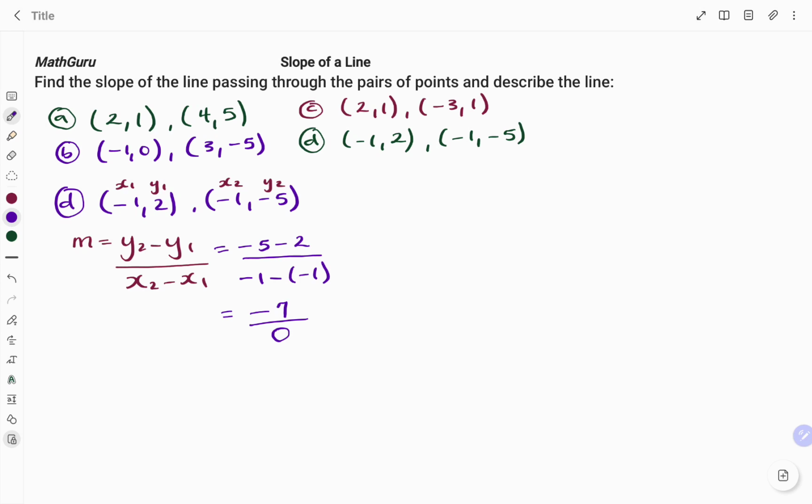Note that if you divide any number by 0, it's undefined. And if my slope is undefined, it means my slope is vertical in nature, as shown.